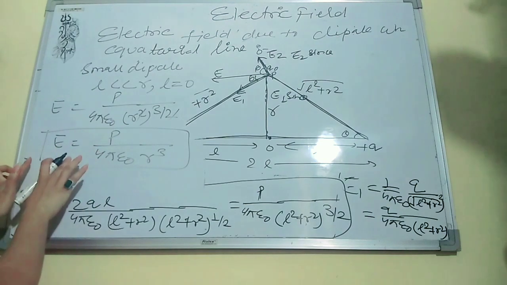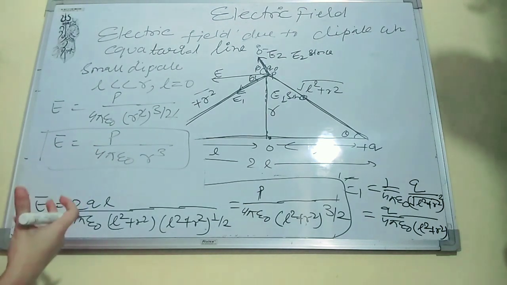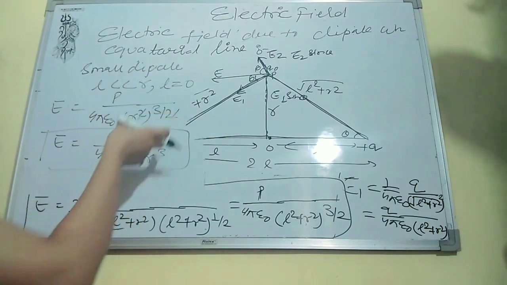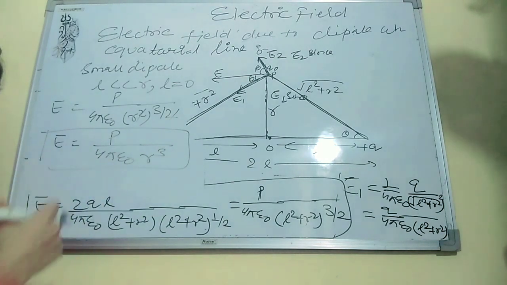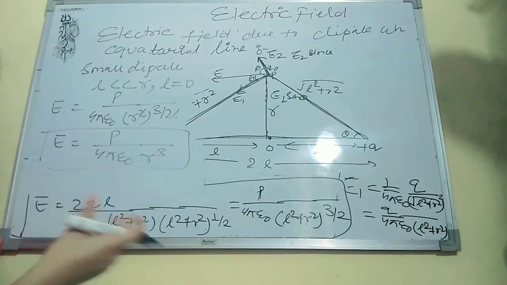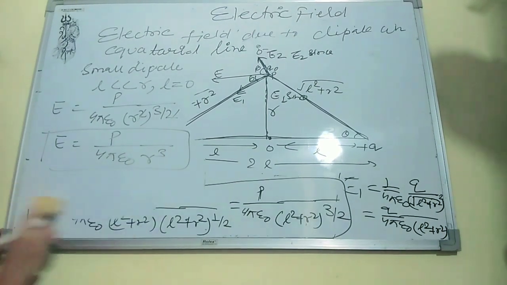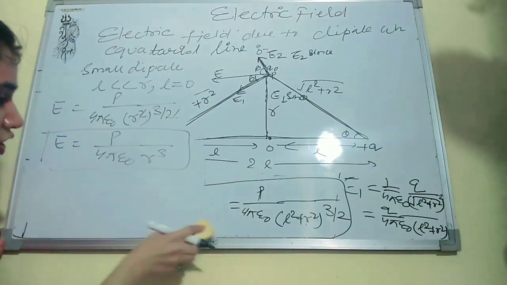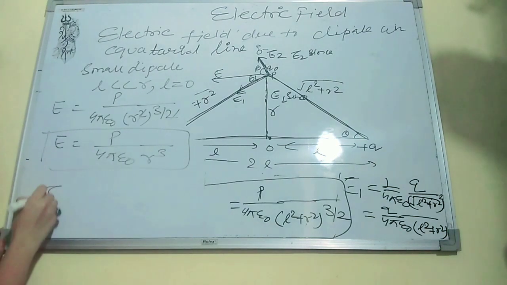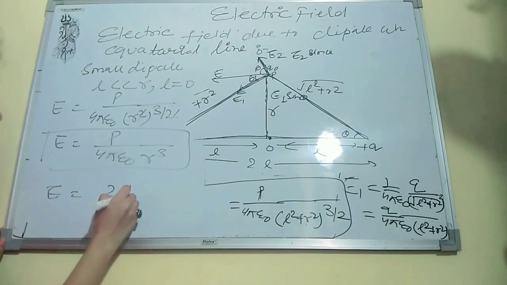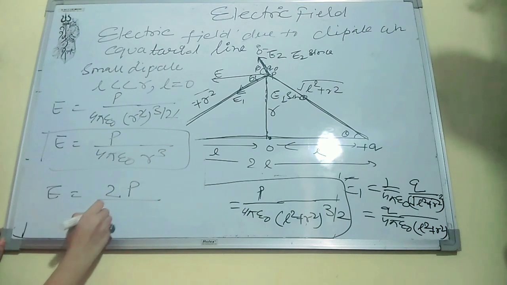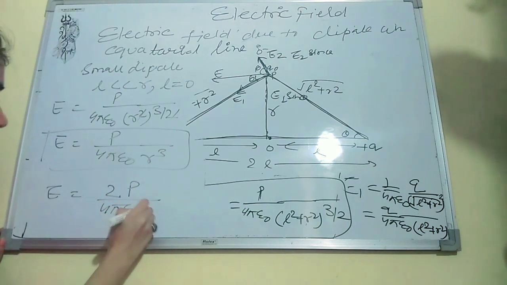Now just see this equation and the equation which we have already found for the axial line, the electric field due to dipole on the axial line. For the axial line, the expression was E equal to 2P upon 4 pi epsilon naught R cube.